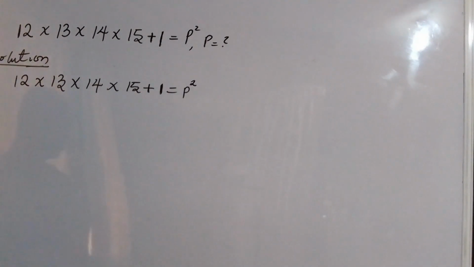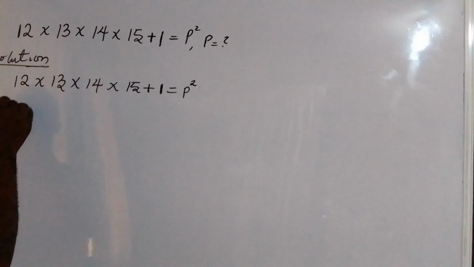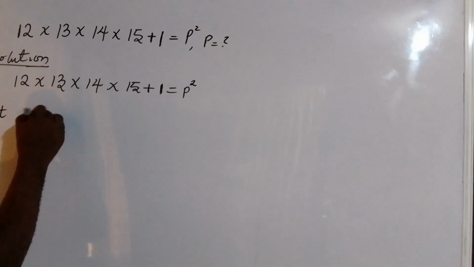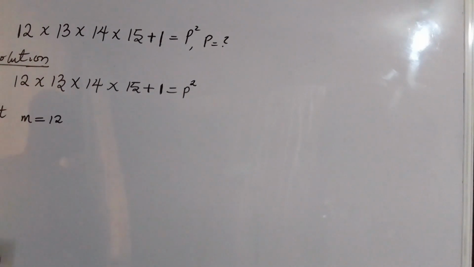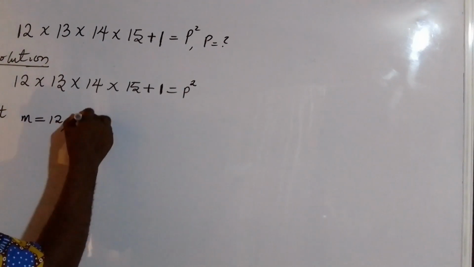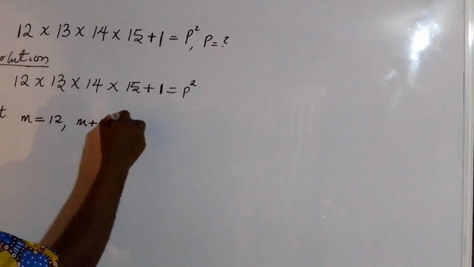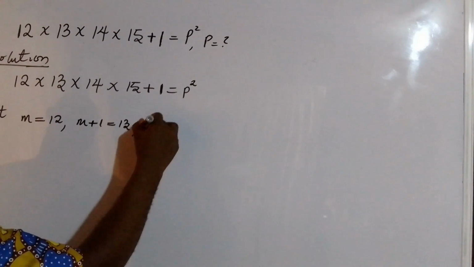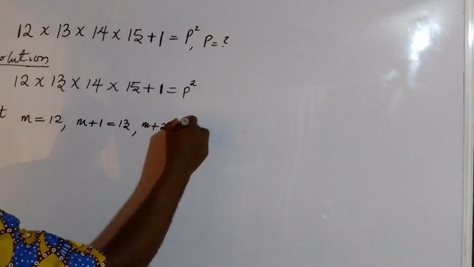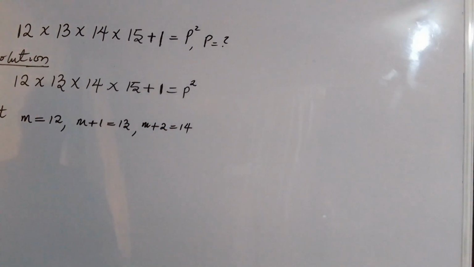Okay, so what we need to do is to say, since the first number is 12, we can say let m equal to 12. So if m equal to 12, it means that m plus 1 will be equal to 13, and then m plus 2 will be equal to 14. Alright?